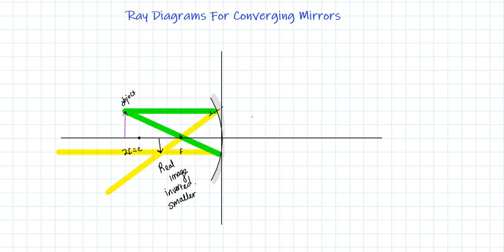So it followed the same principle, except you may have noticed that for lenses, real images always formed on the other side because that's where real light rays go. And for real images on a mirror, the images form on the same side because the actual light rays reflect onto the same side.